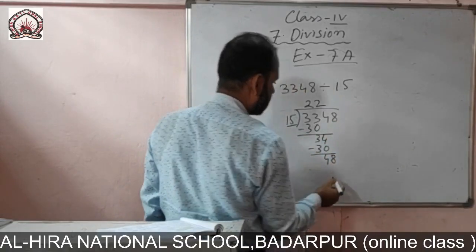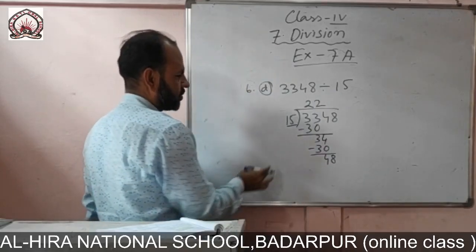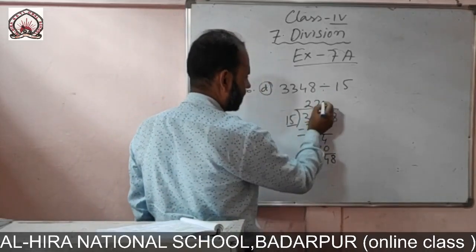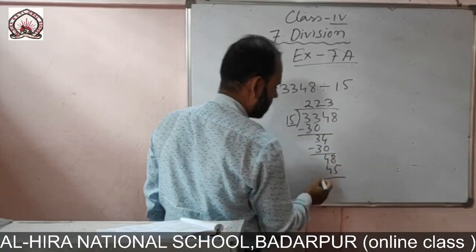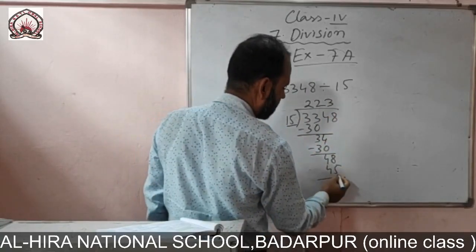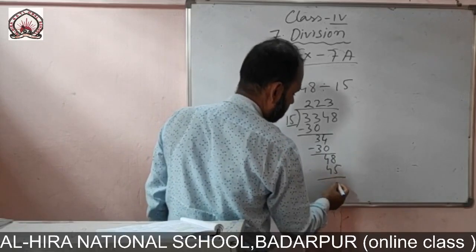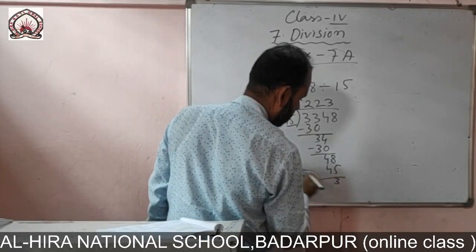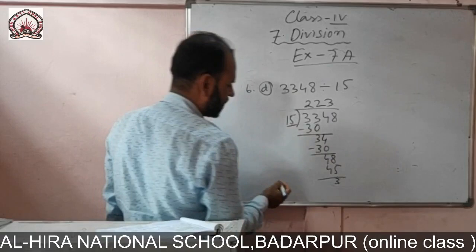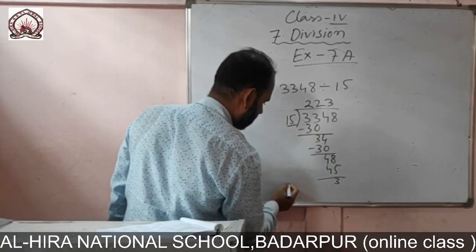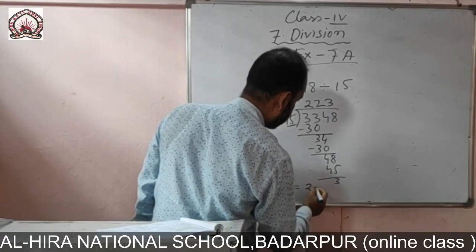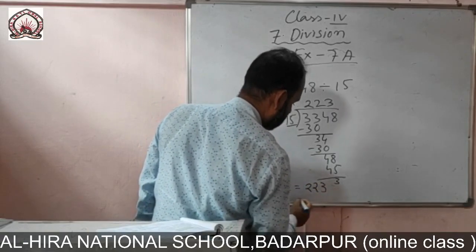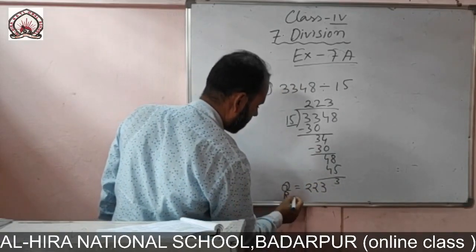So we know that 15 3s are 45. Here remain 8 minus 5 is equal to 3. Remainder is 3. Q equal to 223. Remainder R equal to 3.